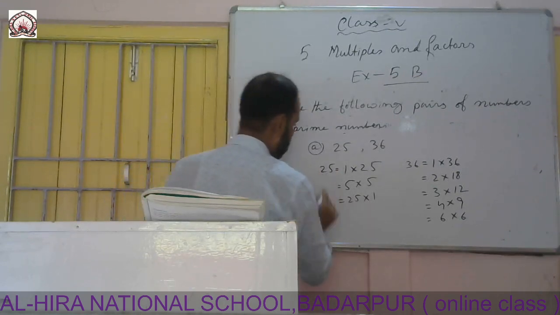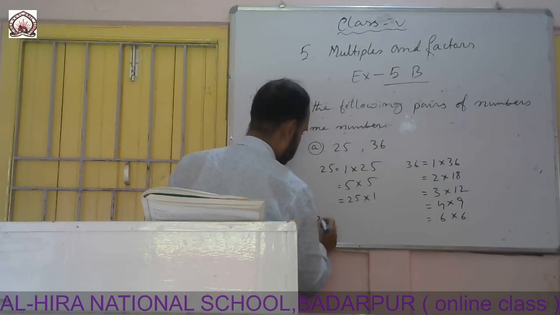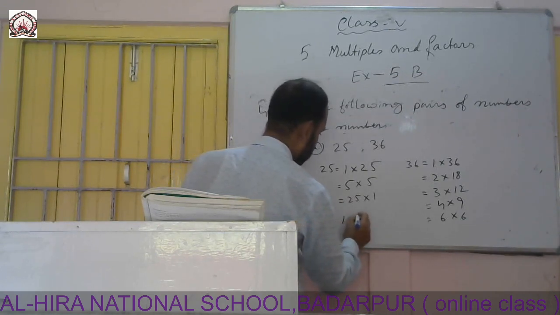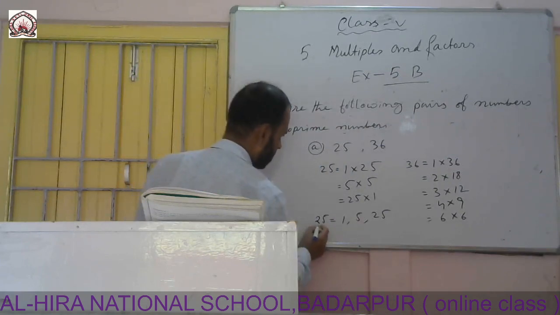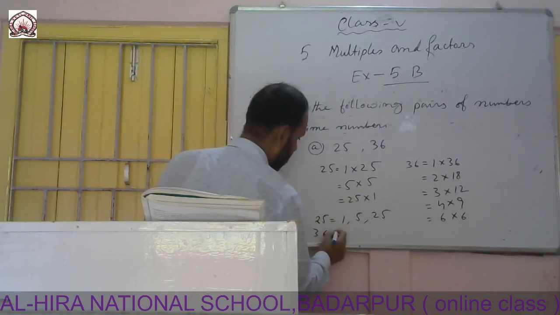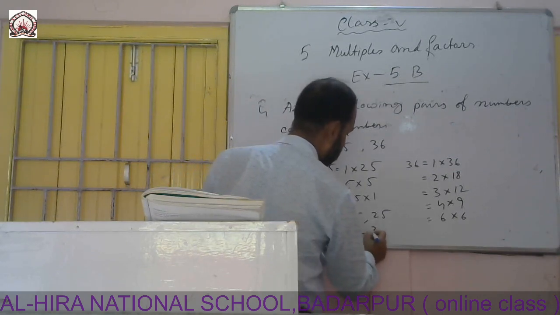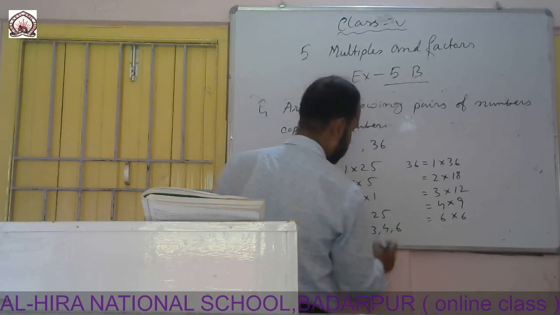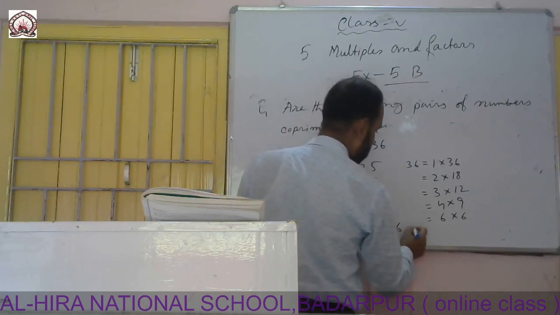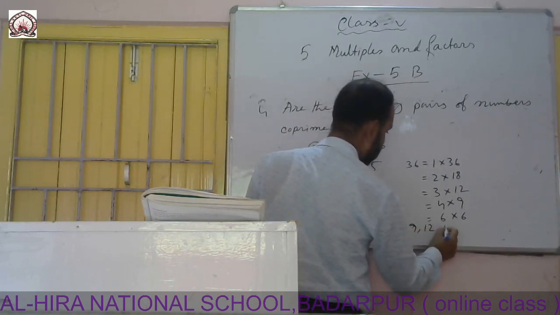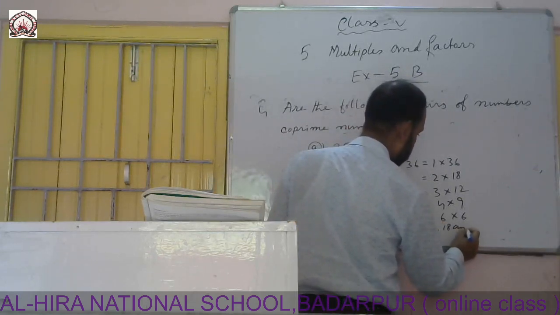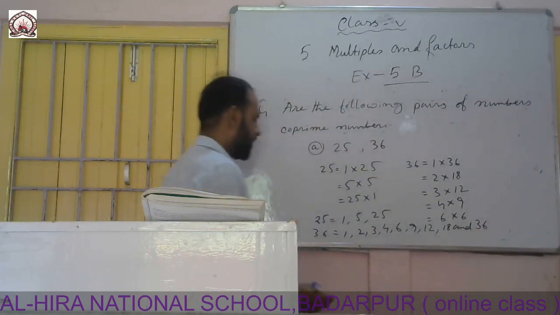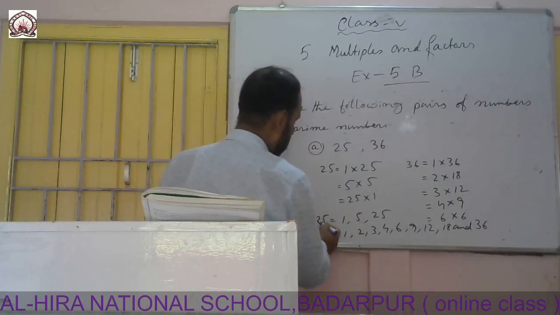So the factors of 25 are 1, 5, 25, and the factors of 36 are 1, 2, 3, 4, 6, 9, 12, 18, and 36.